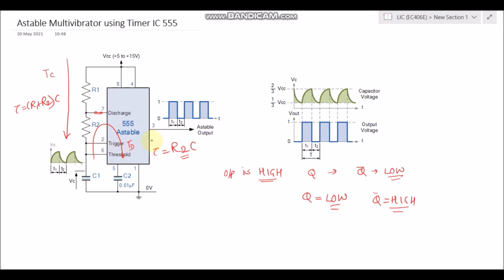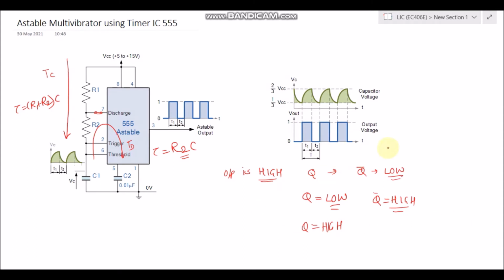So thereby the output will go to high, and it will change from its low state to high. So eventually the capacitor voltage will charge and discharge between 1/3 of VCC and 2/3 of VCC, thereby giving us a square-like pulse.